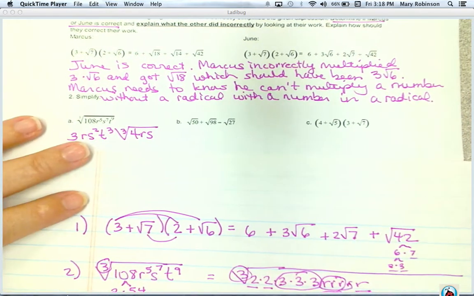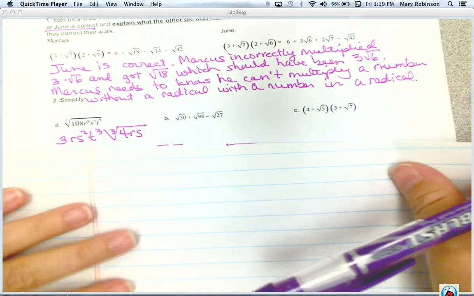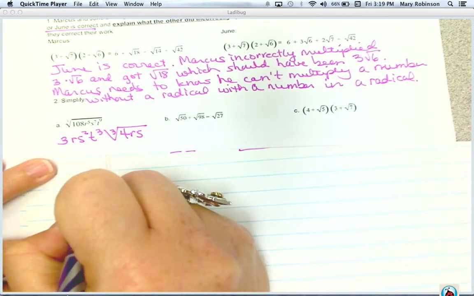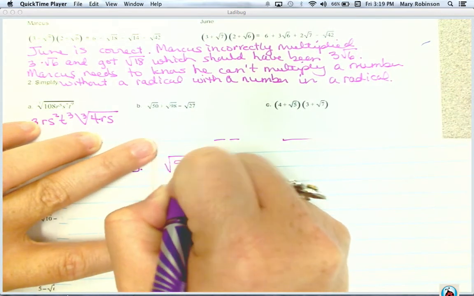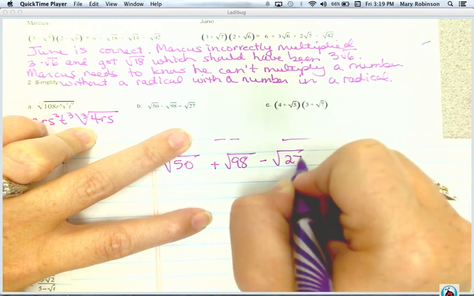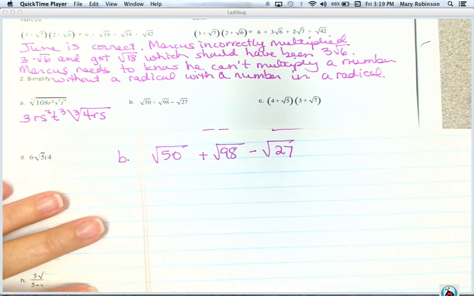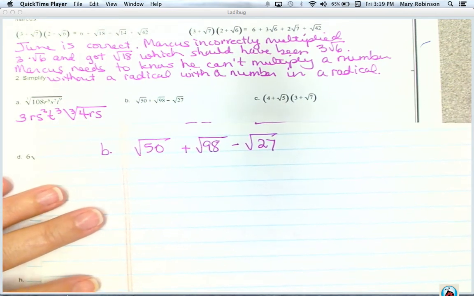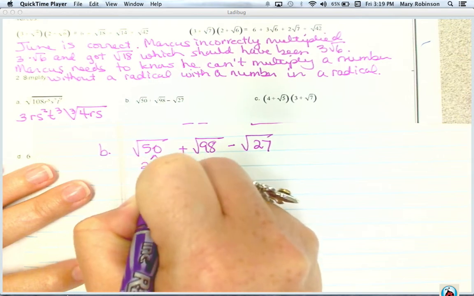All right, for B, we've got the square root of 50 plus the square root of 98 minus the square root of 27. Remember that when you are adding radicals, you can only add terms that have the same radicand and same index. So we've all got square roots here, but we've got to simplify each one of these.